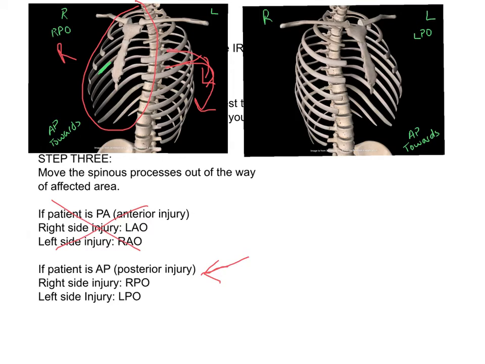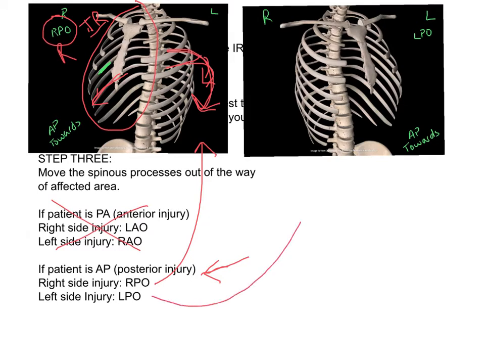We've moved the spinous processes away from the site of interest. I know I'm being repetitive, bear with me. That elongates our right-sided ribs and puts us with our right side closest to the IR, which is an RPO. So an RPO for right side posterior injury.